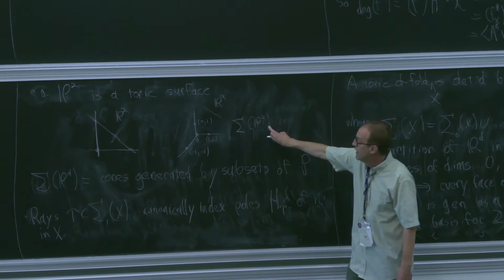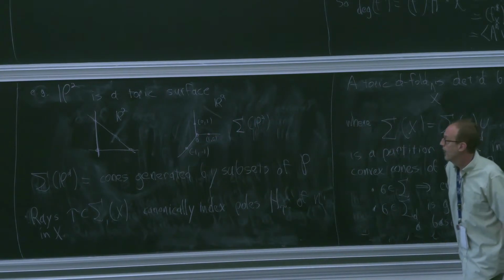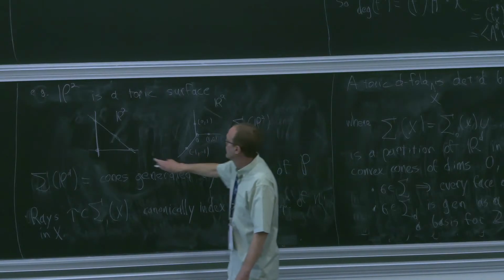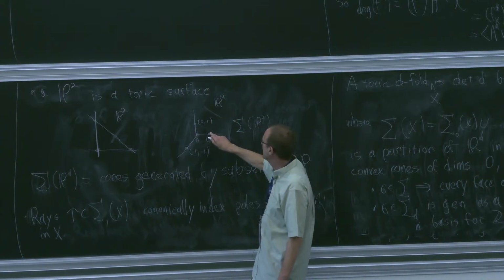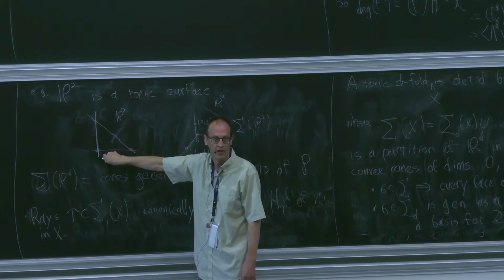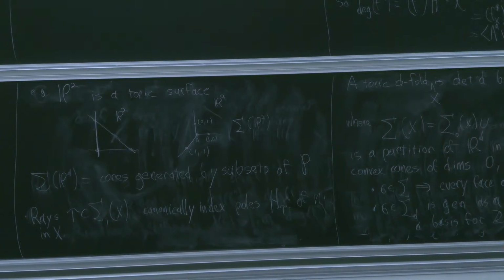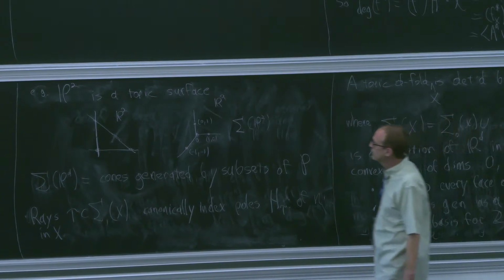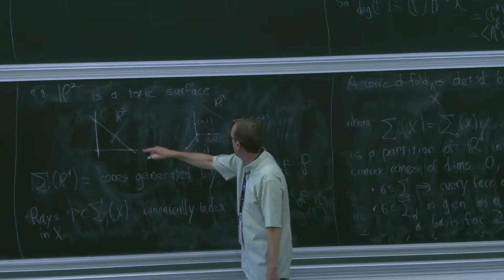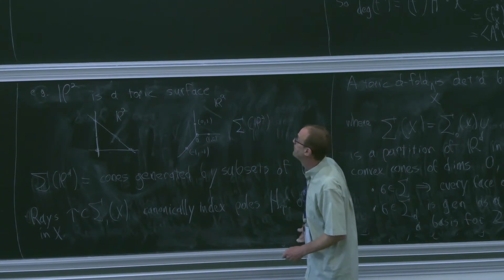So P2 has 3 poles. No coincidence that the fan has 3 rays. This one corresponds to the line at infinity. I believe this one corresponds to the vertical axis and this one to the horizontal axis, but don't quote me on that. Okay. All right.